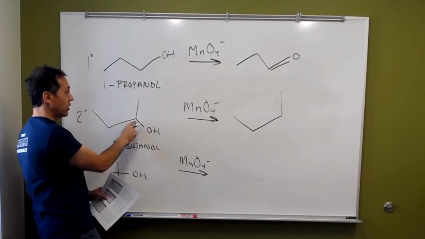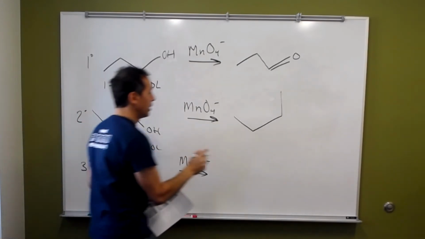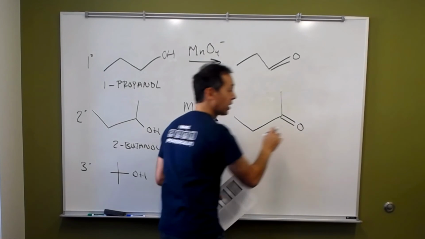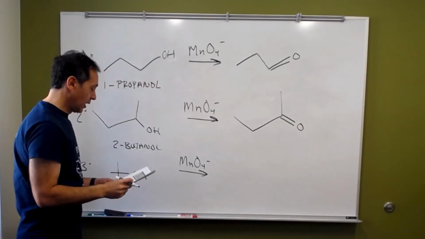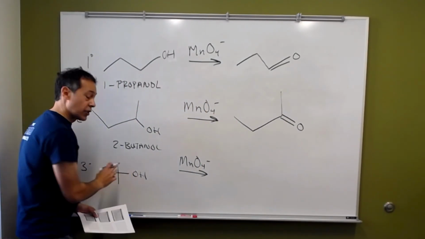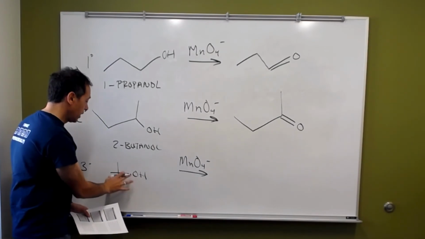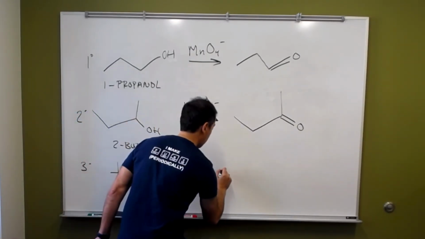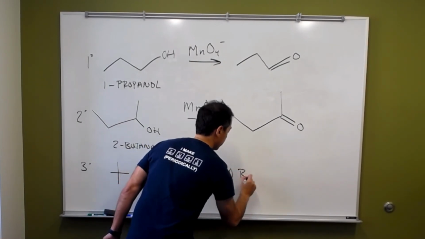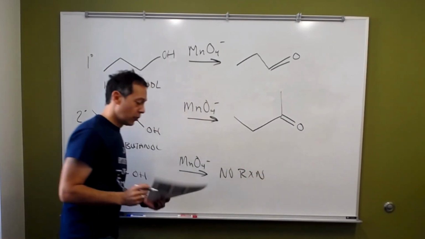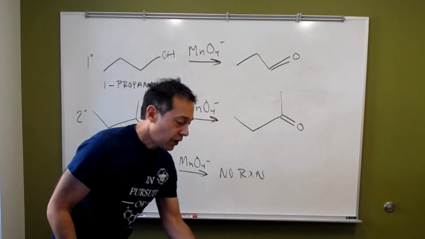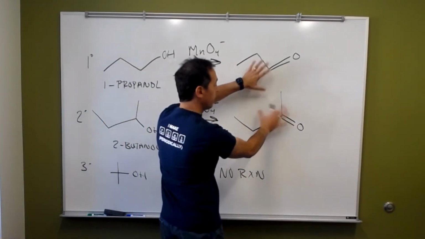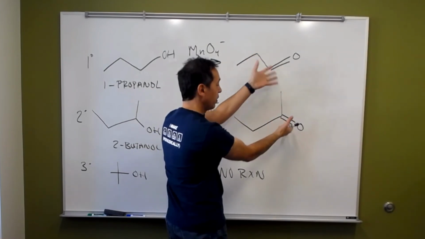So on the secondary carbon, we're going to end up then with our double bond like this, coming off of that secondary carbon. And then the last one down here, this is our tertiary alcohol, and we end up with no reaction.